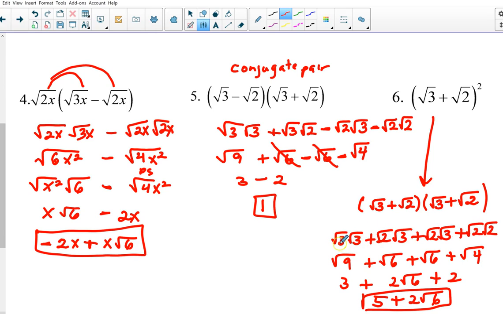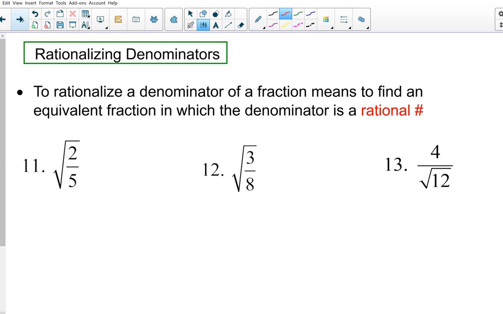Notice I could have said square root of 3 times square root of 3 was 3 right away, so you could skip that step when you're multiplying like radicals. Notice that in this case, since they're not conjugate pairs, you can't cancel those middle terms and you actually have to combine them. Let's go on to the next slide.